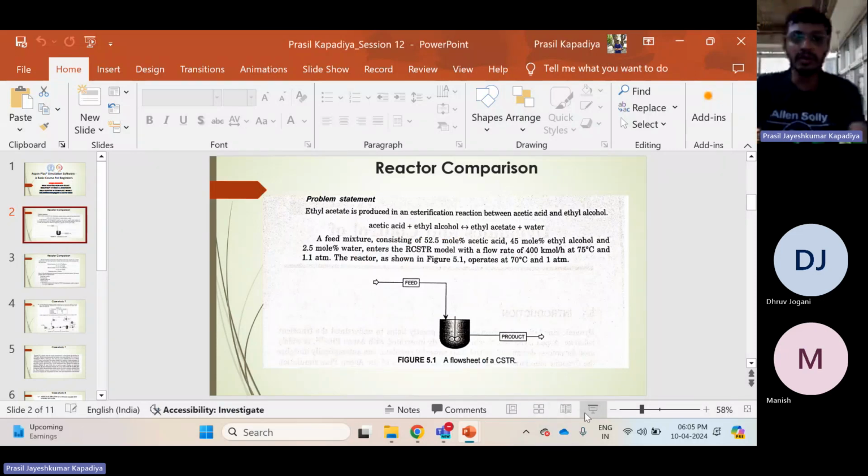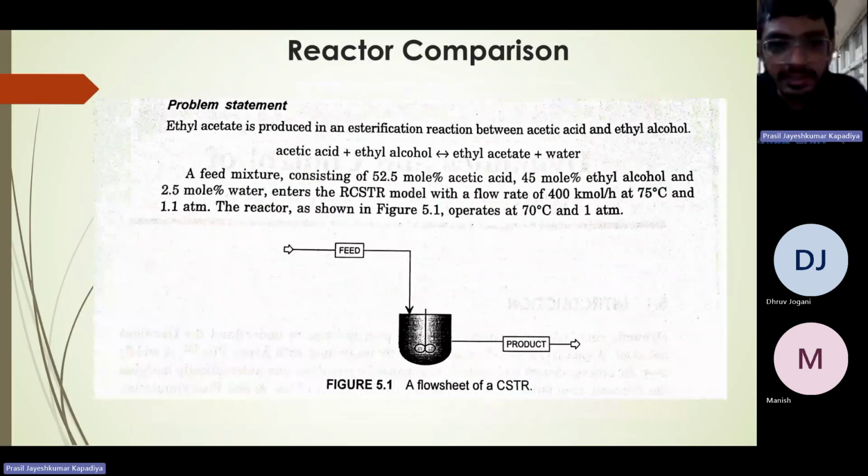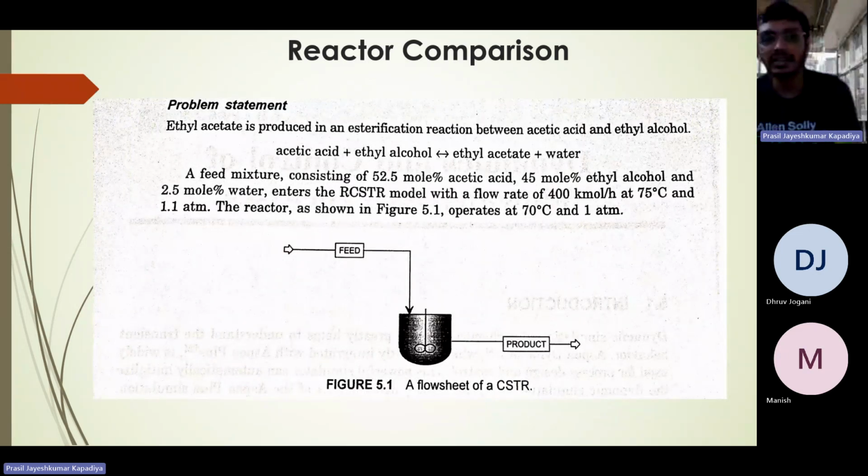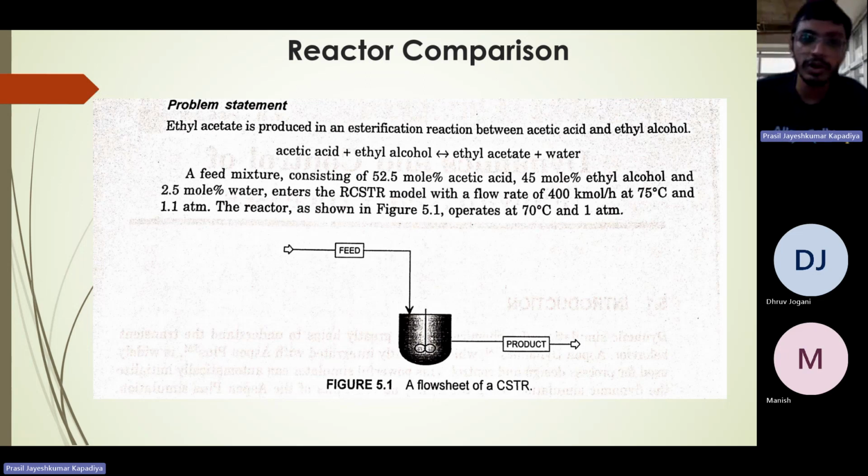The problem statement is: ethyl acetate is produced in an esterification reaction between acetic acid and ethyl alcohol. The reaction is acetic acid plus ethanol gives ethyl acetate and water. A feed mixture consisting of 52.5 mole% acetic acid, 45 mole% ethyl alcohol and 2.5 mole% water enters a CSTR model with a flow rate of 400 kilomoles per hour at 75 degrees Celsius and 1.1 atmospheric pressure.